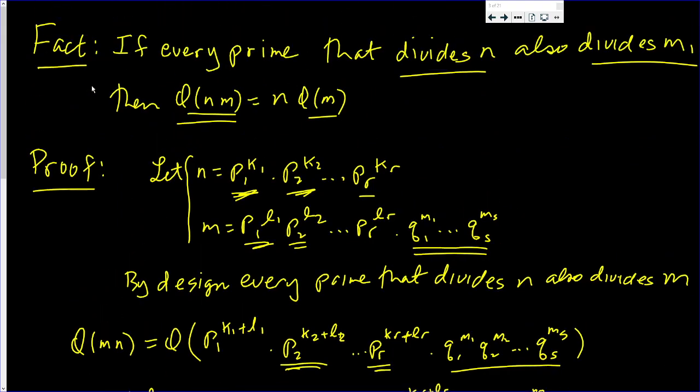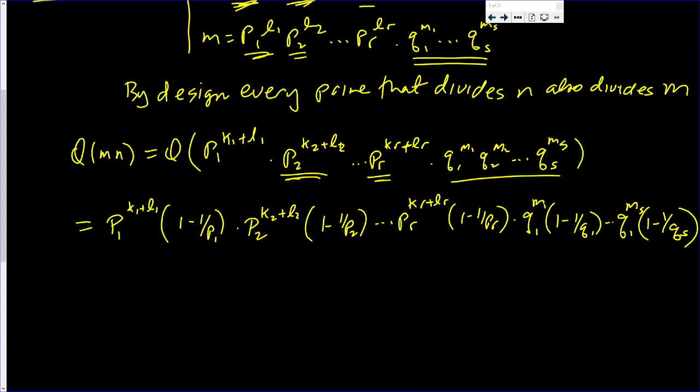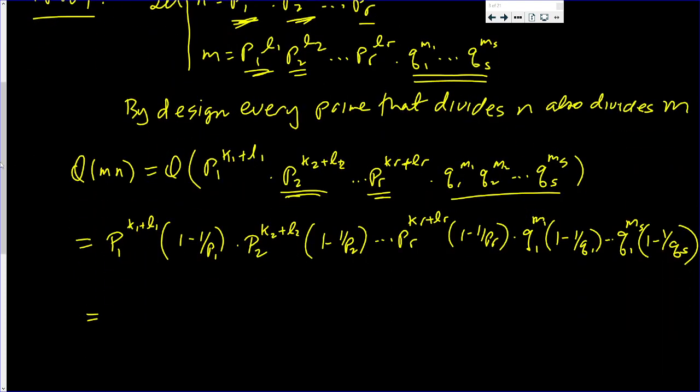Now, can we factor out n from this? The answer is yes. n has those k exponents. So from here, I can factor out p1 to the k1. From here, I can factor out p2 to the k2, all the way up to pr to the kr.